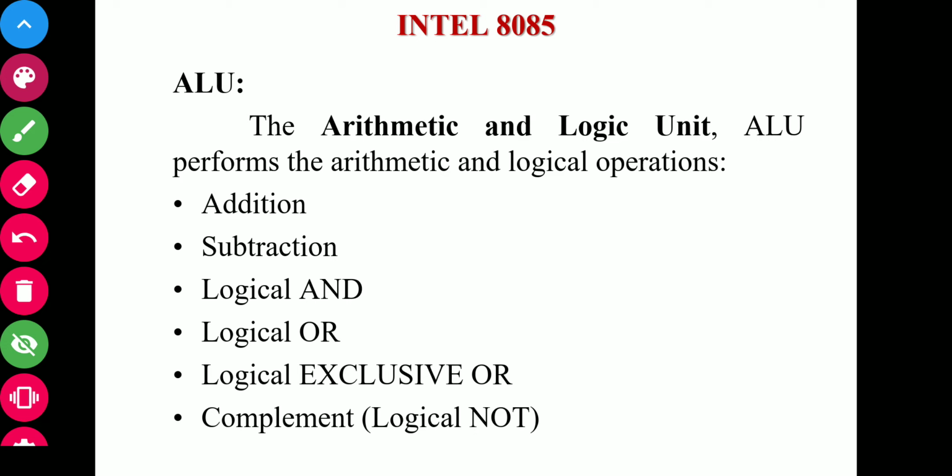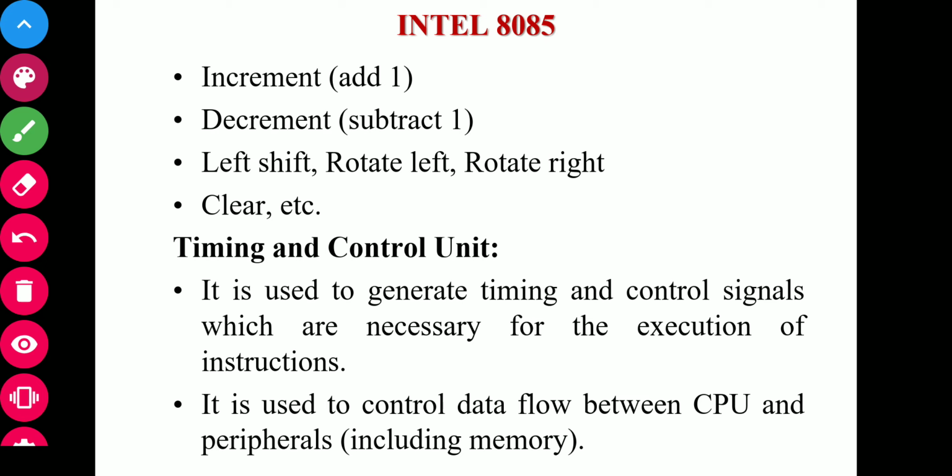It is used to perform arithmetic as well as logical operations: addition, subtraction, logical AND, logical OR, logical exclusive OR, complement that is logical NOT, then increment, add one, decrement, subtract one, left shift, rotate right, clear, etc. These are all the operations performed by the ALU.